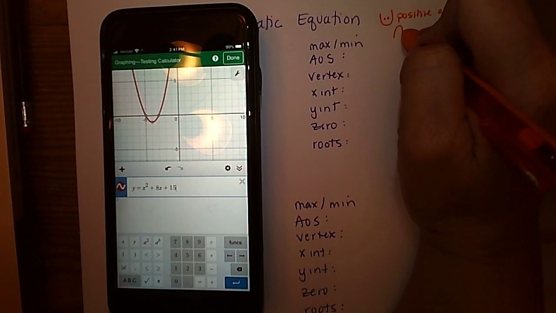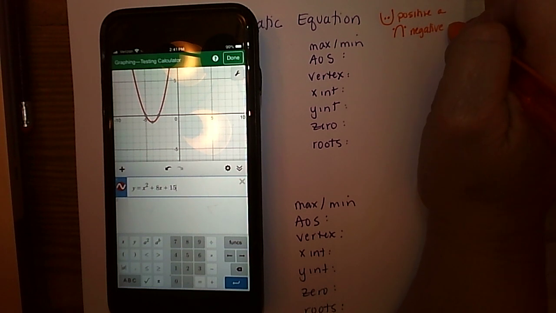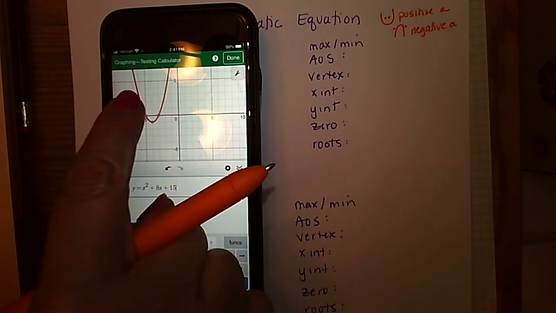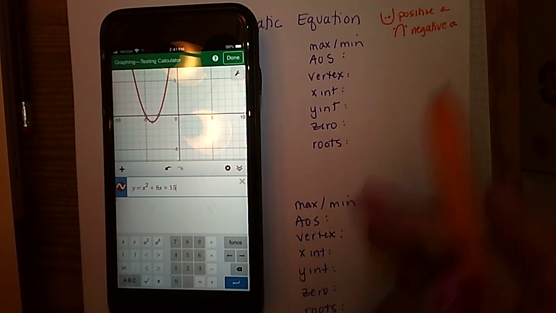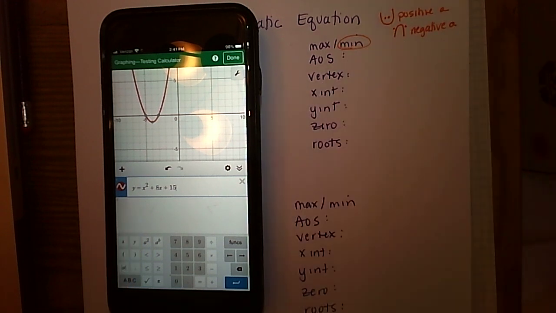When it's an N, he's sad. He has a negative A. So with looking at that right here, I can determine whether he's a maximum or a minimum without ever looking at this graph. Because in my original equation, I have a positive 1x squared. So right away, he's positive. I know I have a minimum.